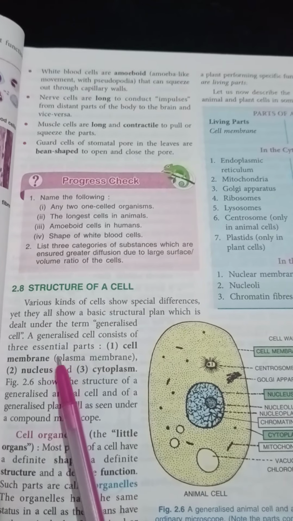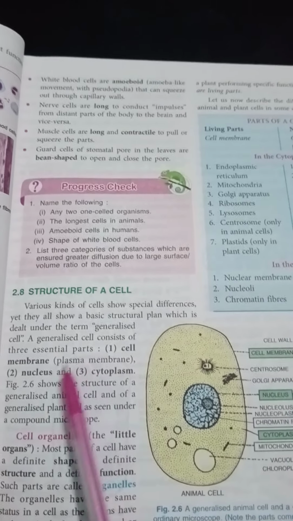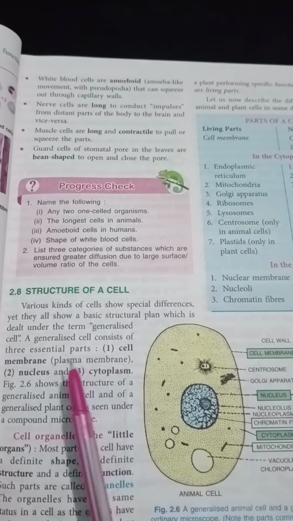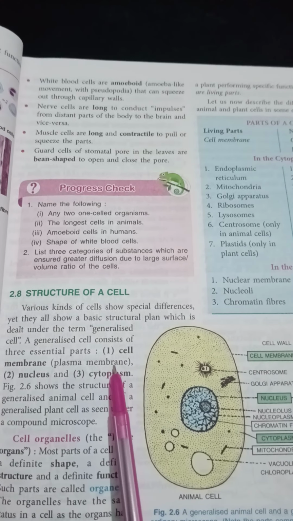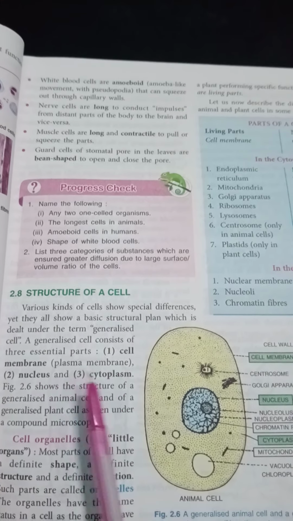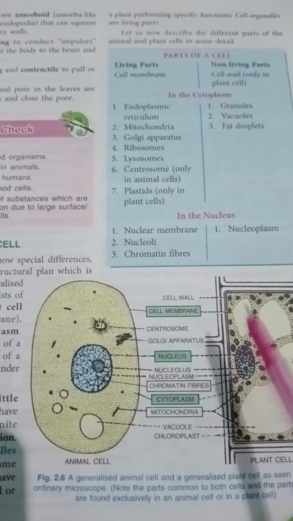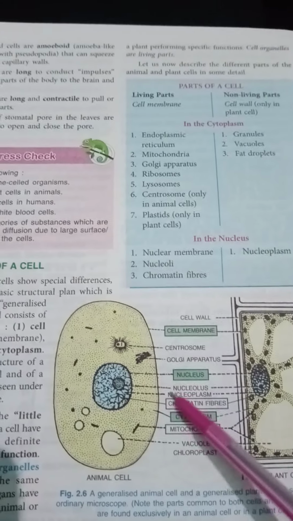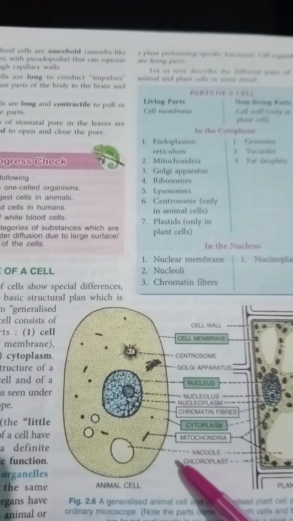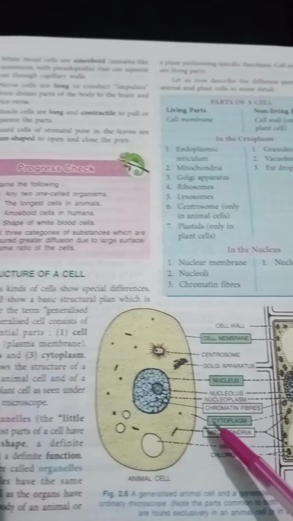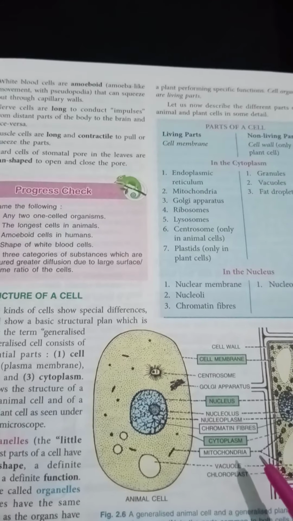These are also known as the essential parts. Cell membrane is also known as the plasma membrane. You can see in this figure, cell membrane is here. Then we have the cytoplasm here, right? And then we have the plasma membrane.